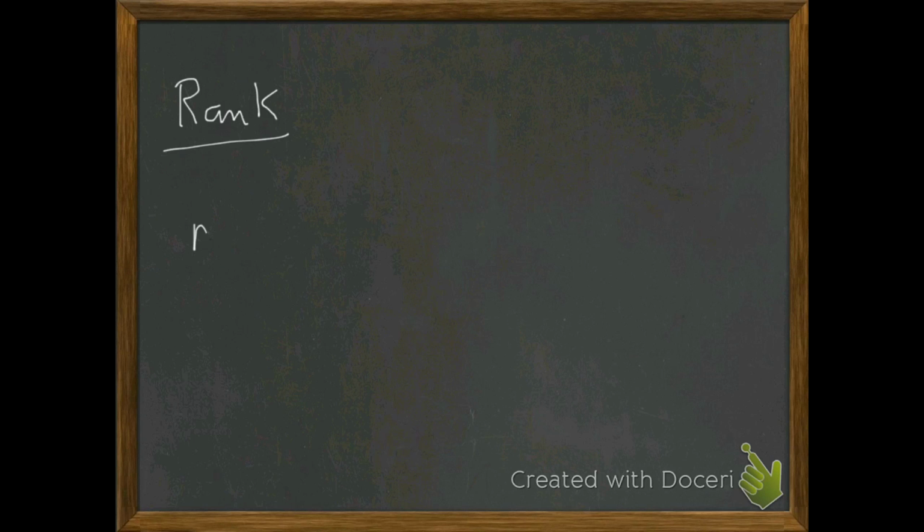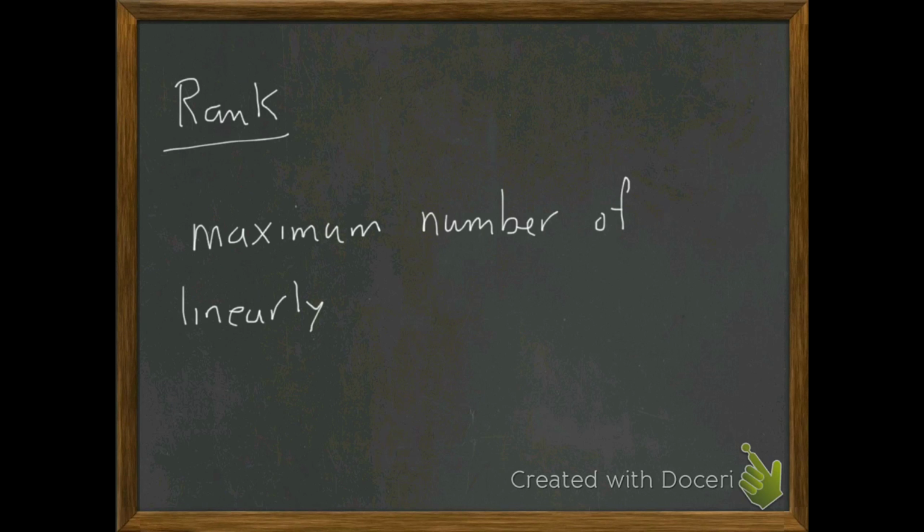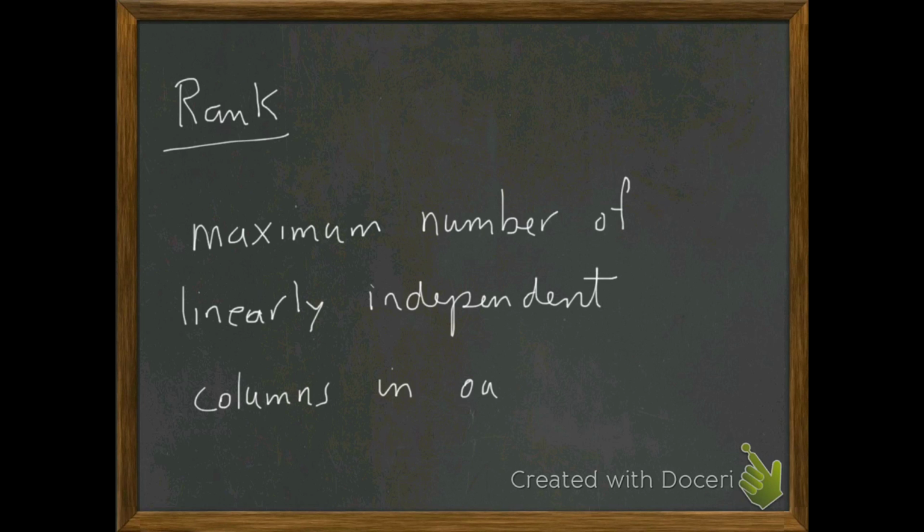The definition of the rank of a matrix, as I see it, is the maximum number of linearly independent columns in our matrix.